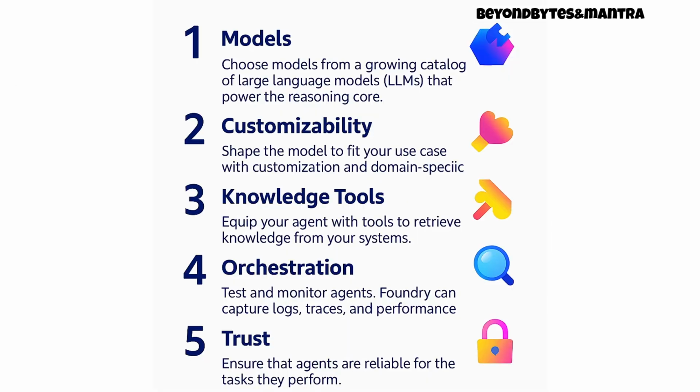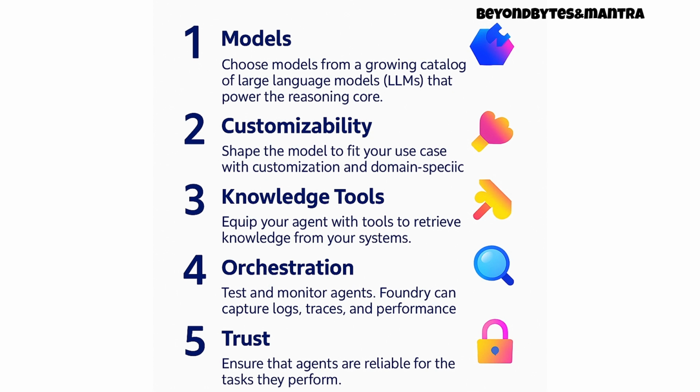Now, if we look at what I've explained to you: models, you can choose from a growing catalog of large language models that power the reasoning core, and these keep on increasing. Customizability: shape the models to fit your use case, with customization and domain-specific knowledge you can give. Knowledge and tools: equip your agent with tools to retrieve knowledge from your systems, for which I gave examples of how you can go to blobs within Azure or databases, or outside of Azure also, like your on-prem databases, or other cloud vendors like AWS, GCP. Orchestration: test and monitor agents.